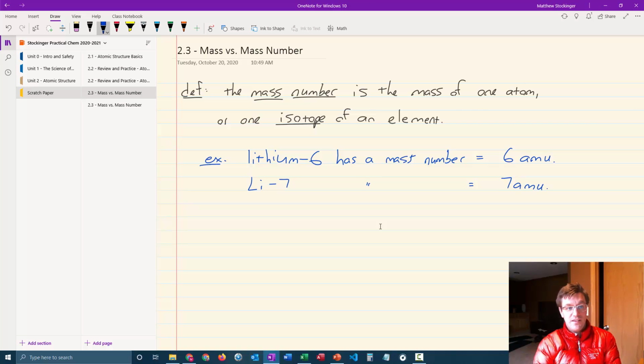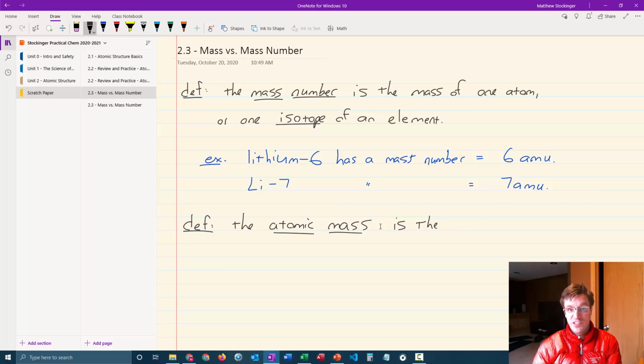Okay. Now, the mass on the periodic table, the atomic mass, is the weighted average of all the mass numbers of all the isotopes in the world.